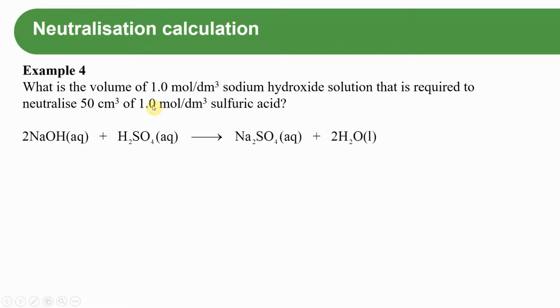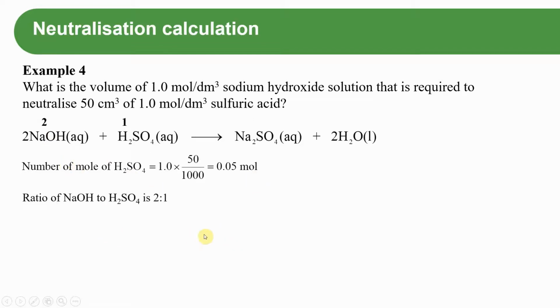So let's find the number of mole of H2SO4 first, because volume and concentration is given. So we multiply them together, change the cm cube to dm cube, you will get 0.05 mole of H2SO4. Compare the mole ratio of sodium hydroxide and sulfuric acid is 2 to 1, so we have to multiply by 2.